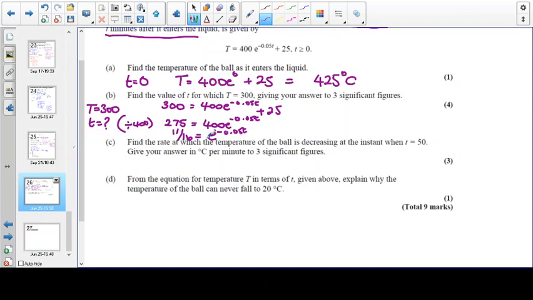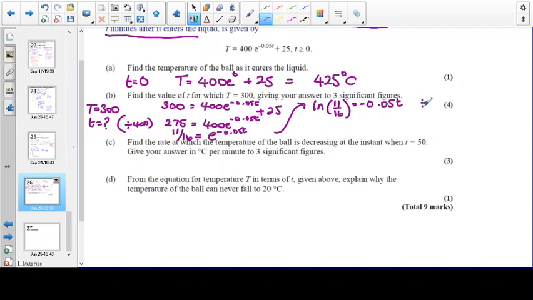Okay, this is in base power equals answer form. So it's log to base e of 11/16 equals negative 0.05t.